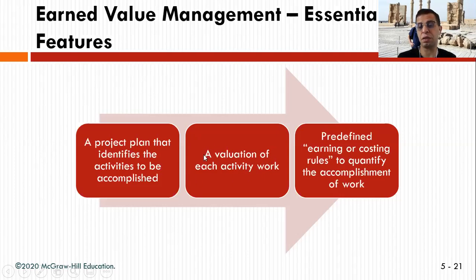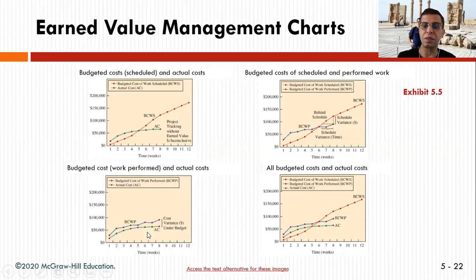You put a pricing or unit that you can measure. And then you define the predefined earning or costing rules to quantify the accomplishment: how much each unit is worth, how much it is costing, how much value is there in it.